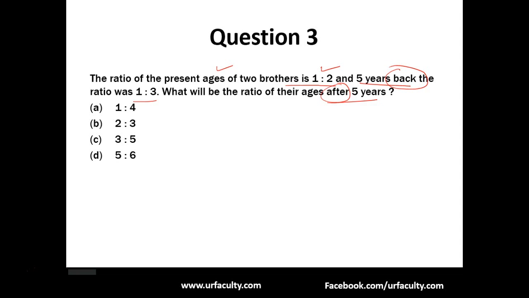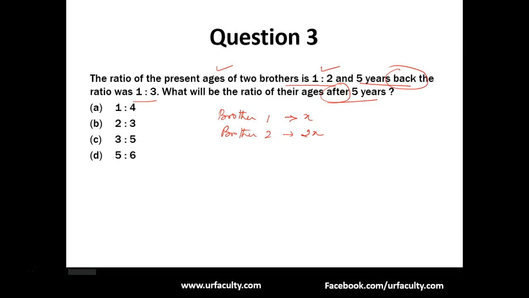Now, the ratio of the present ages of the brothers and the ratio of, so let's say brother 1 is X and brother 2 is 2X. That's it. You are now going to solve the problem pretty fast.